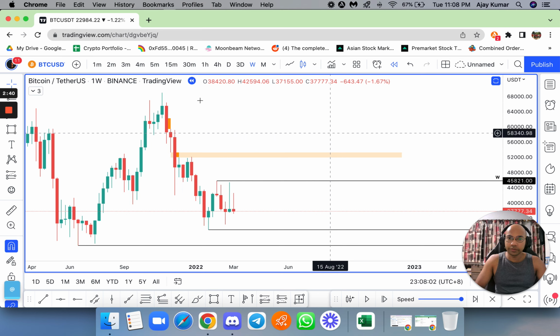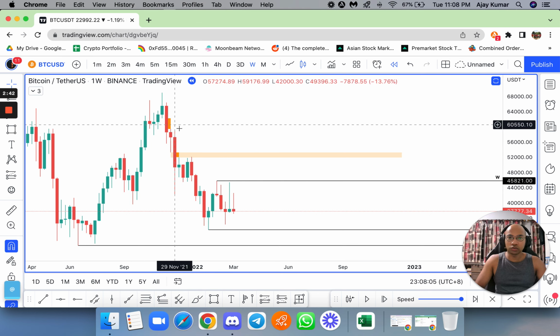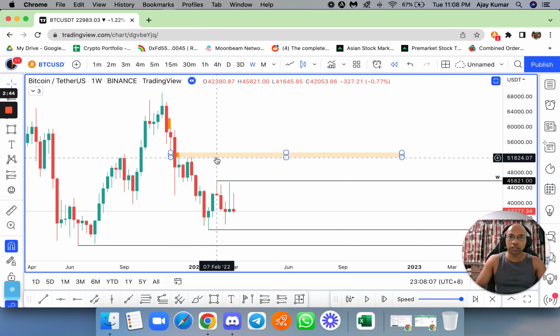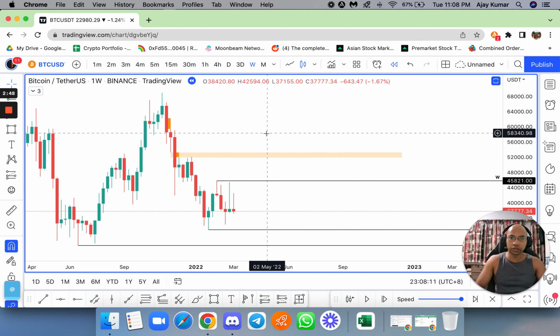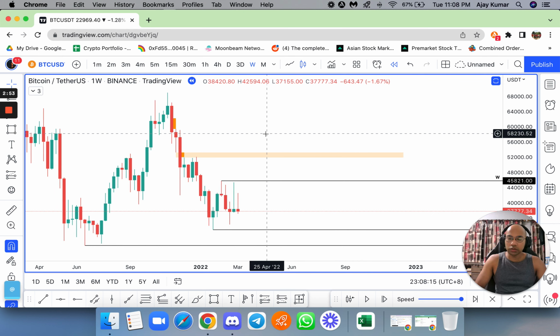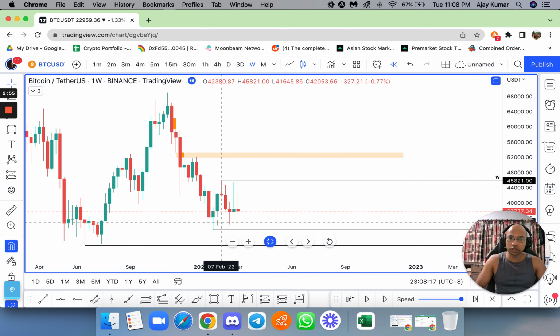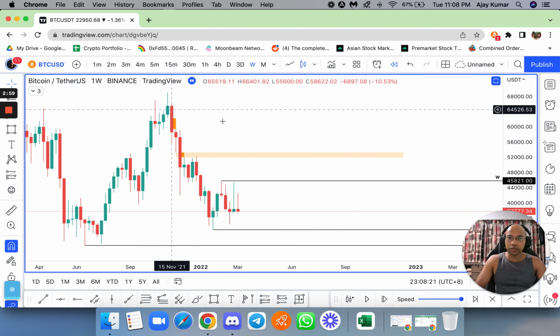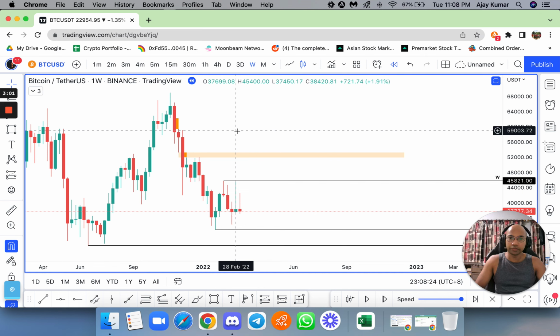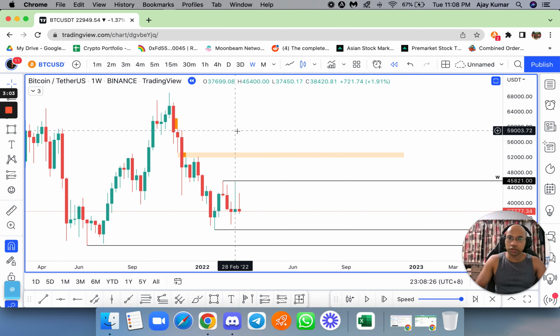I'm not marking this one, it is too far up. To get here, it will have to cross here first, and then if it crosses, I'll mark that one. Then order blocks. I don't see any order block. There's an order block here, but too far up high. No order blocks.